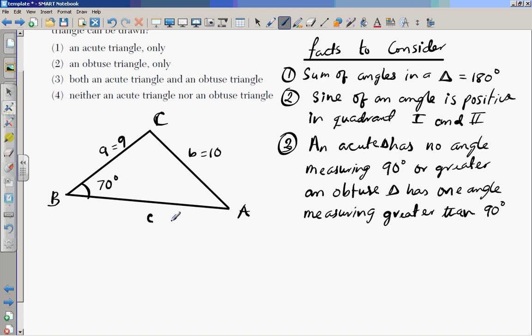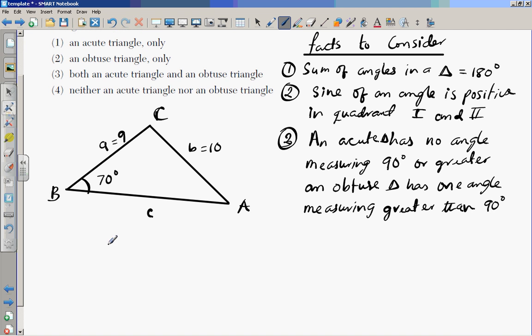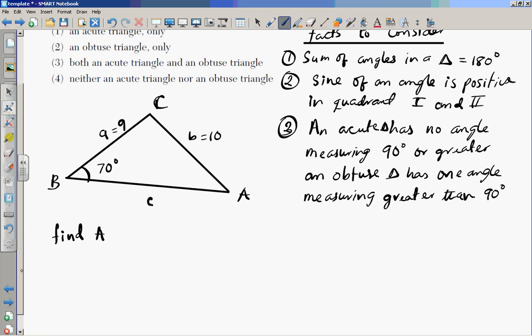Remember that on the reference sheet, the law of sines is provided for you, okay? So you can refer to that. So we deal with A and B. So what I'm going to do here is I want to find angle A. I'm going to write down my law of sines and then use that to find it.